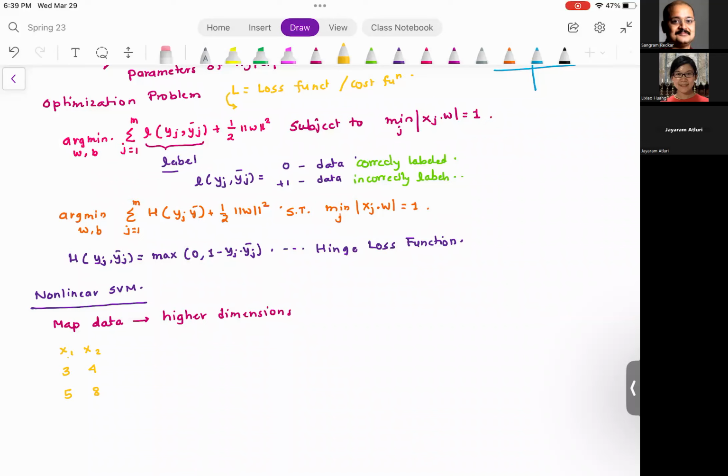The separation will not be clear. So what I'm going to do is construct an additional vector which will comprise x1, x2, and maybe x1 square plus x2 square. So now I have these three parameters to play with.